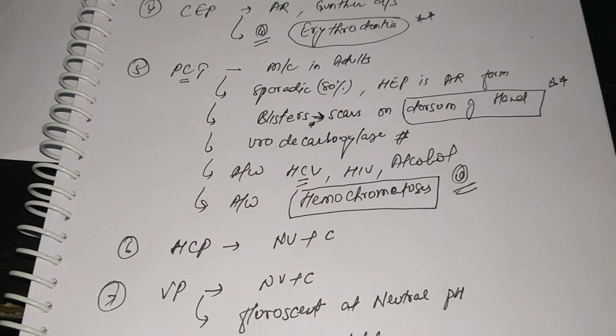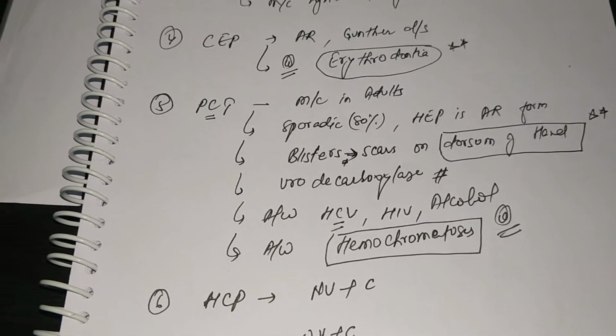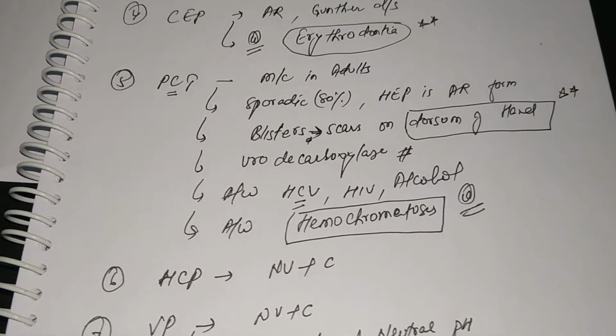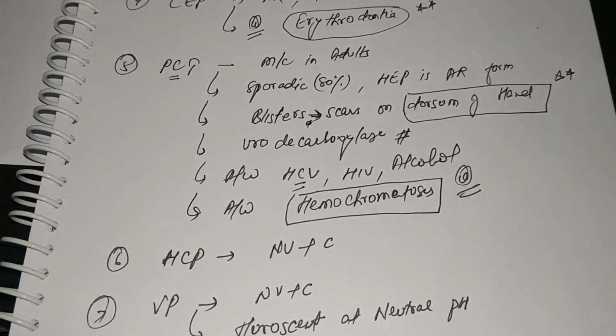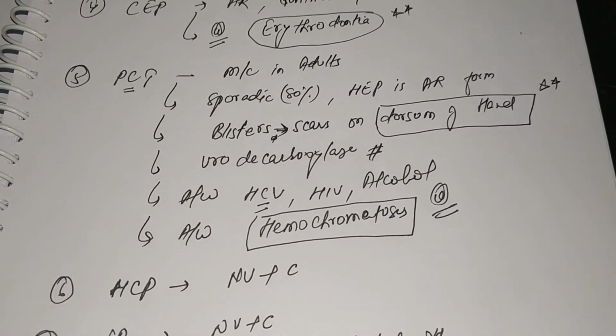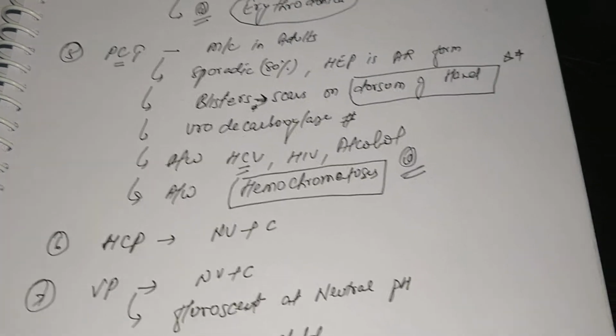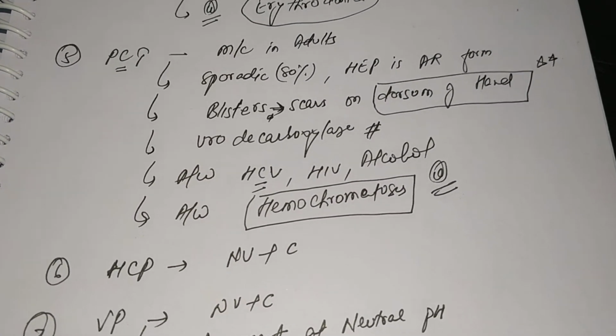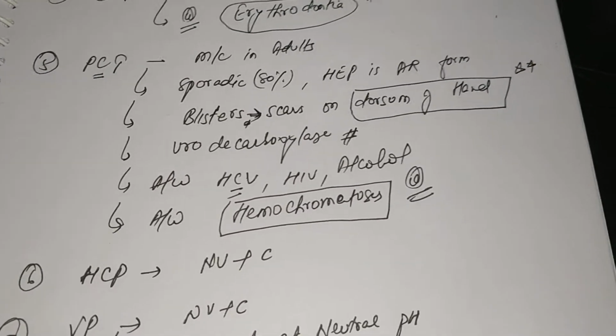The fifth is the PCT, which is most common in adults, and it is the most common overall. It is sporadic. If it is sporadic, it means it can be autosomal recessive, and it can be autosomal dominant. Blisters here convert to scars on the dorsum of the hand. Just remember the words dorsum of the hand.